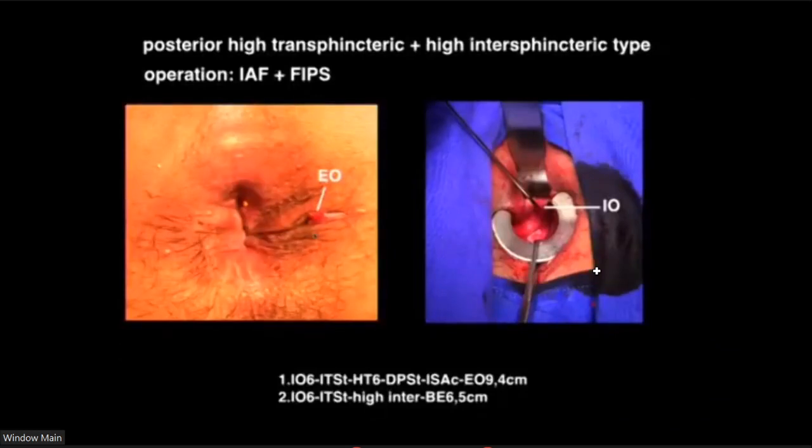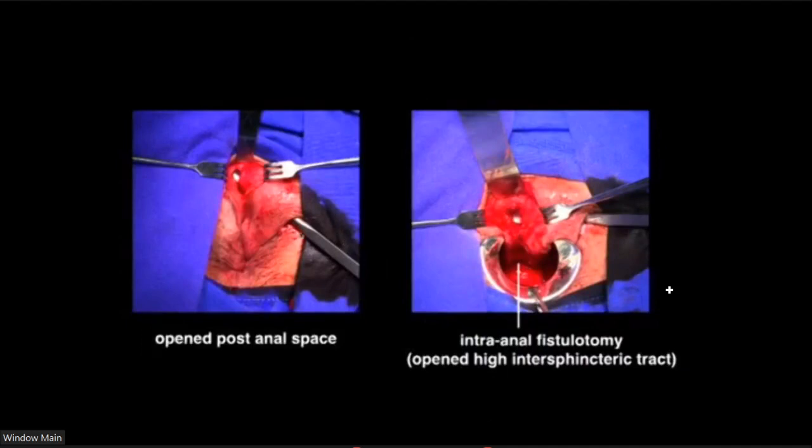The next case we have an external opening here. It looks very close, but in fact it is a combination type, high transsphincteric, high intersphincteric. Internal opening is here. External opening is here. We can go to the deep post-anal space here.